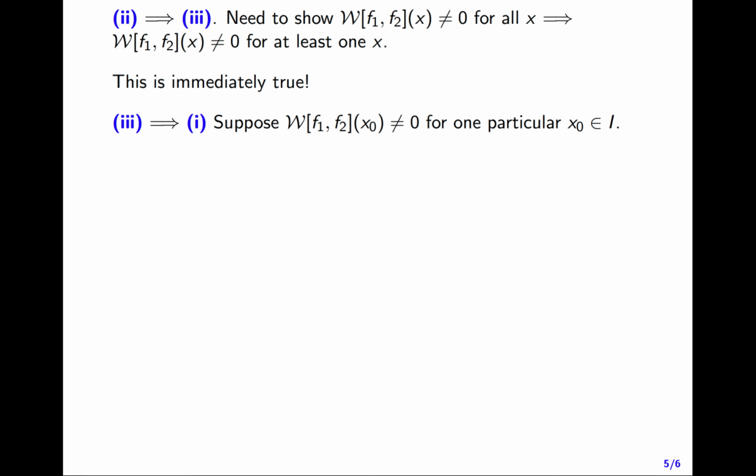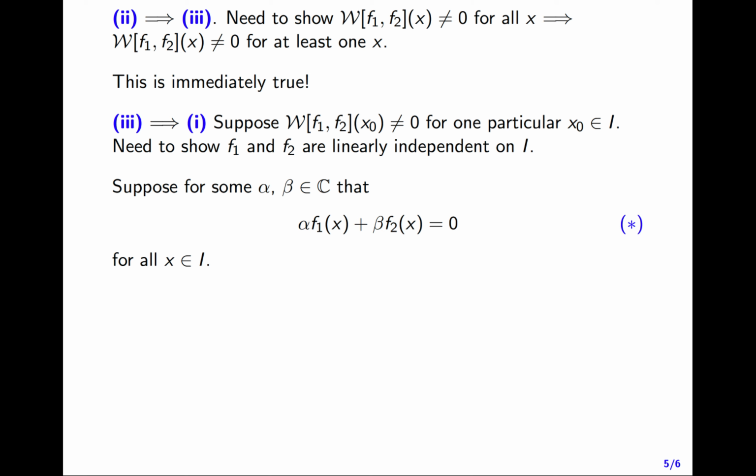We are going to suppose that the Wronskian of f1, f2 at x0 is non-zero for one particular point x0 in my interval I. And I need to show that f1 and f2 are linearly independent on I. So what does that mean? I start out with the standard linear independence or dependence relationship.